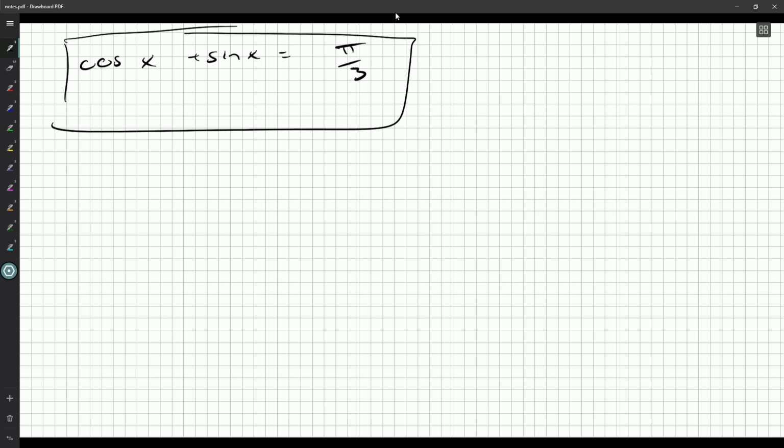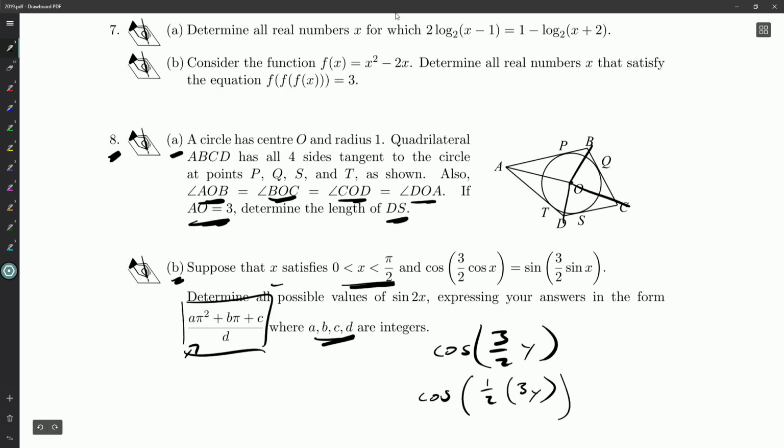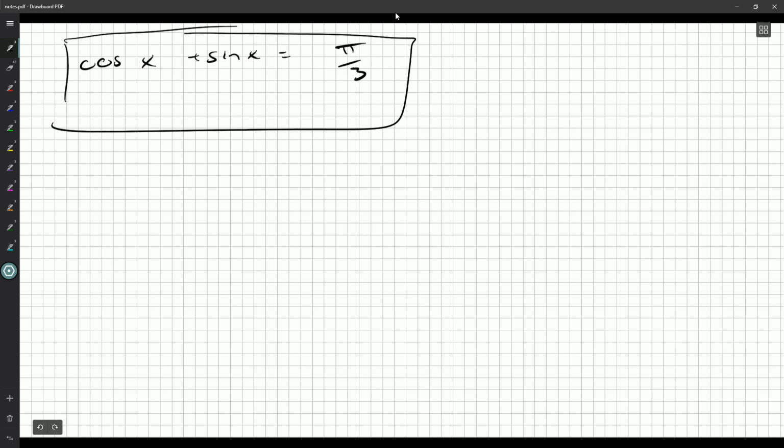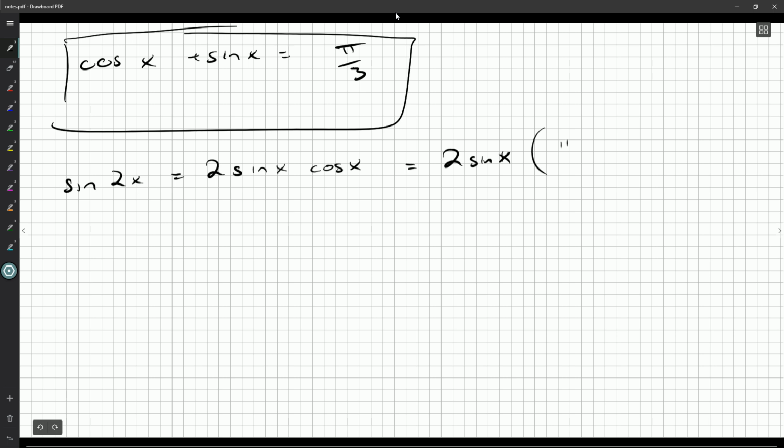Does this ring a bell for me? Does this change any ideas or anything around? What do we need? We need sine 2x. So that's 2 sine x cos x, which I guess we can now say 2 sine x times pi/3 minus sine x.